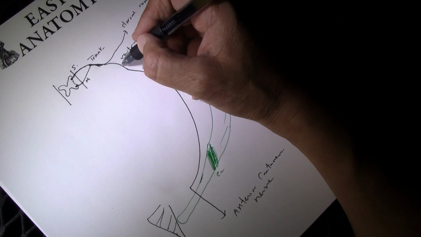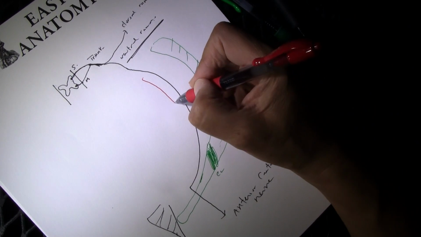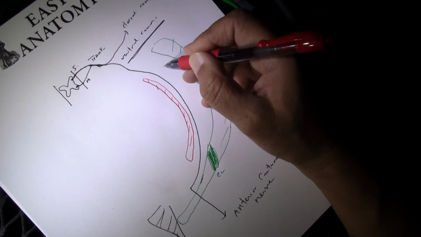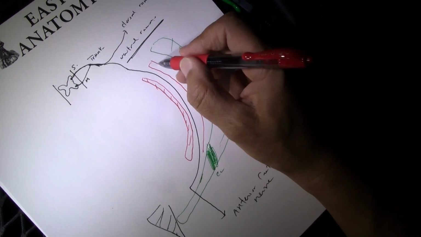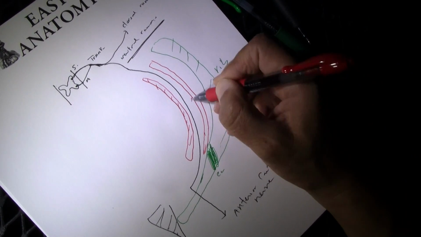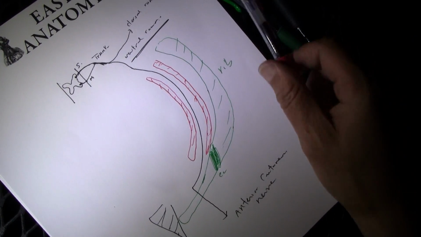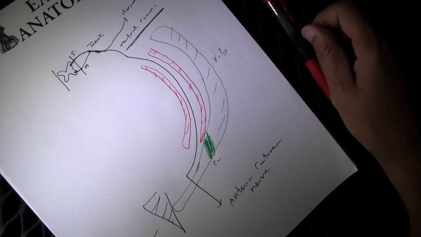This ventral ramus travels between the innermost muscle and the internal intercostal muscle. Then anteriorly it is going to penetrate the anterior membrane and end up as the anterior cutaneous branch.